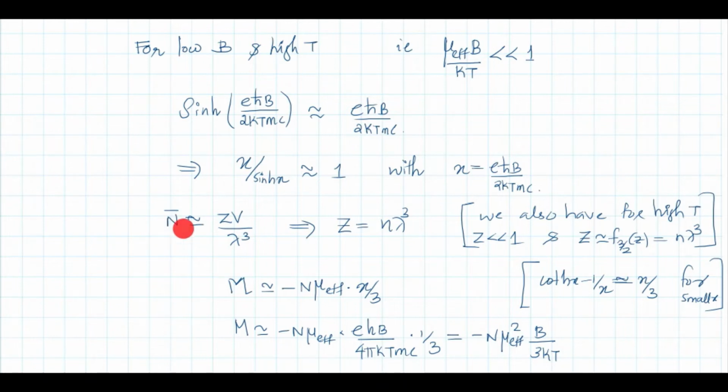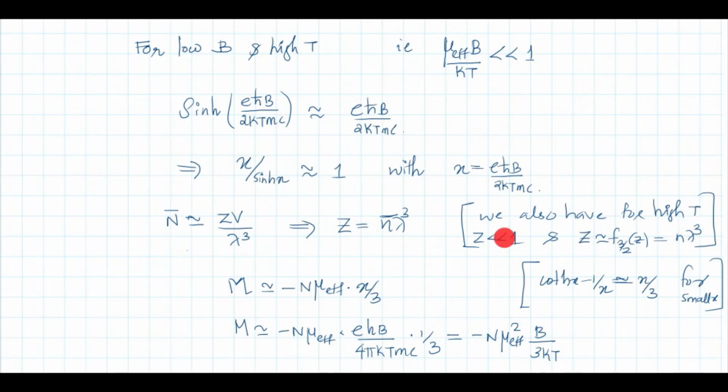Then n bar is actually zV by lambda cube times x by sinh x, and x by sinh x becomes 1. So this will give you z is equal to small n bar lambda cube, where small n bar is capital N bar by V. So for high temperature, fugacity is n bar lambda cube. We already have this relation earlier.